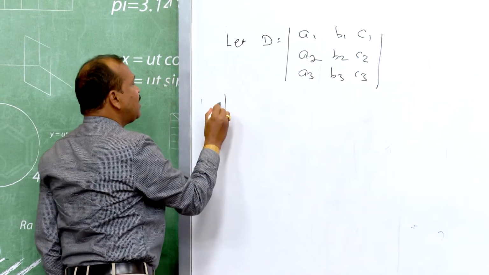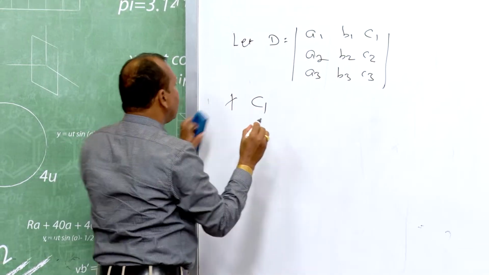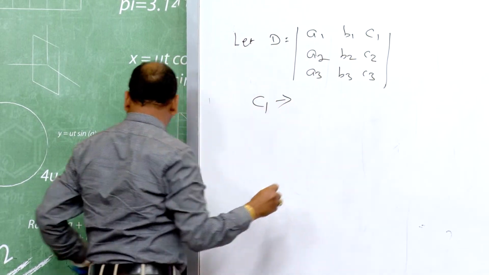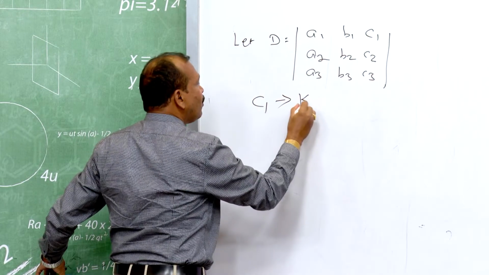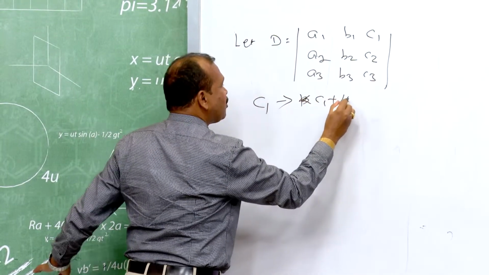Suppose column 1 changes to C1 plus k times C3.